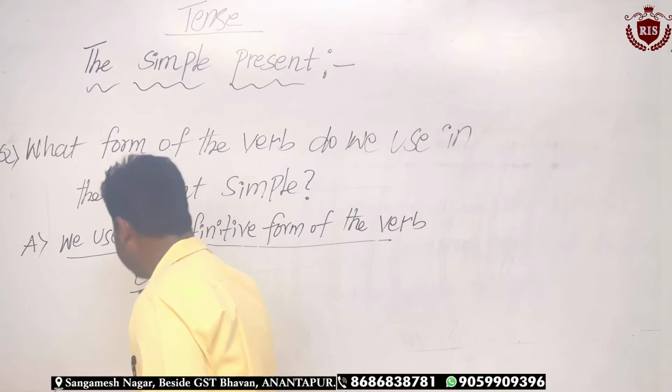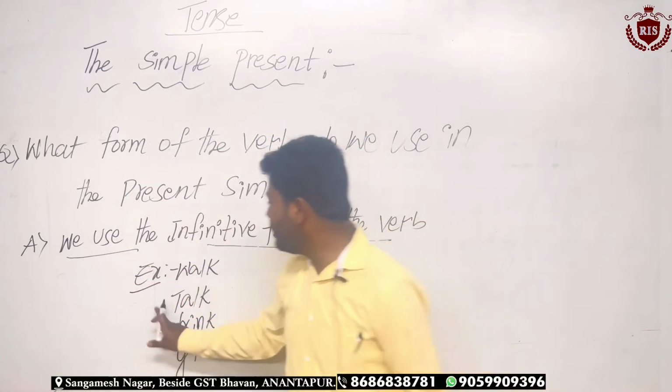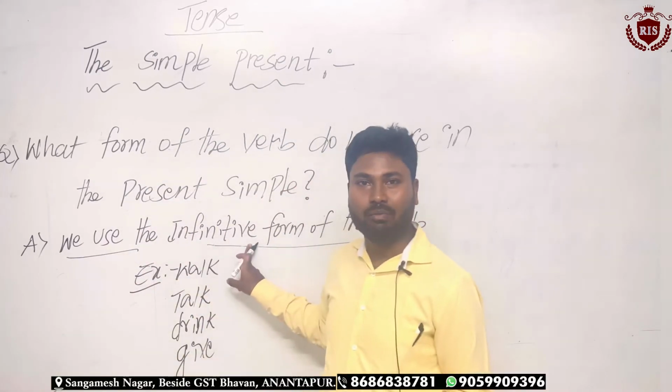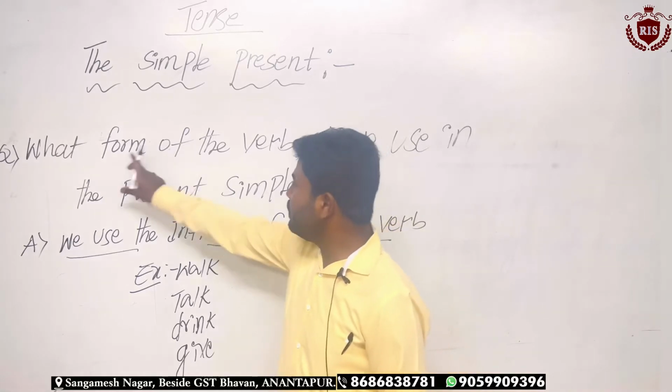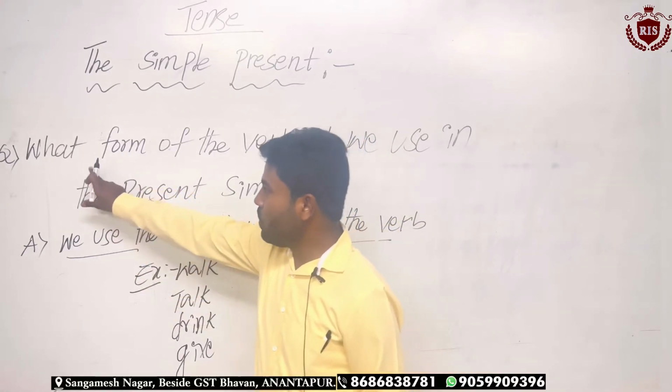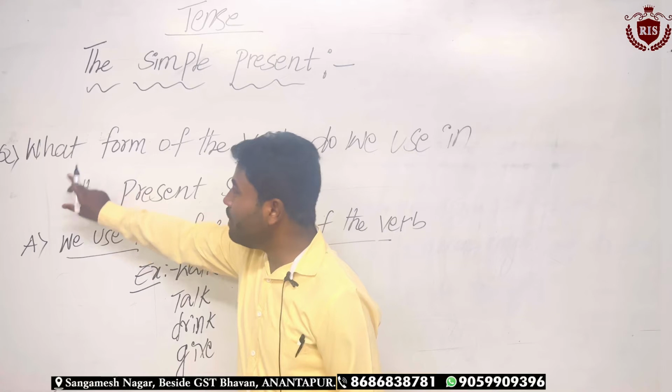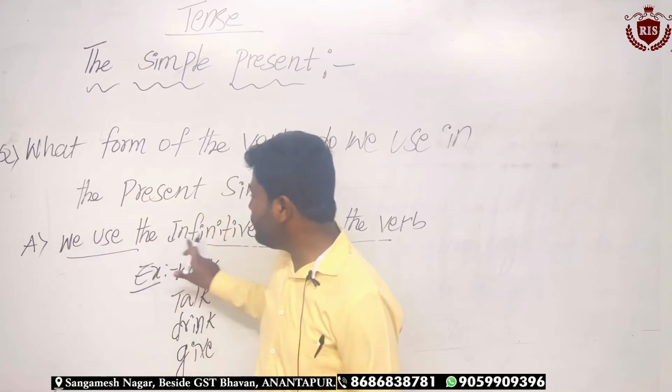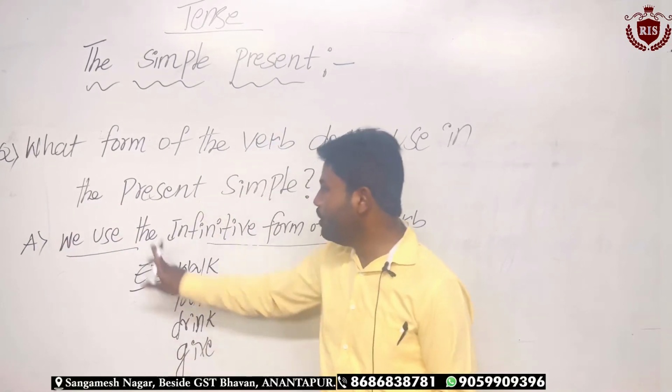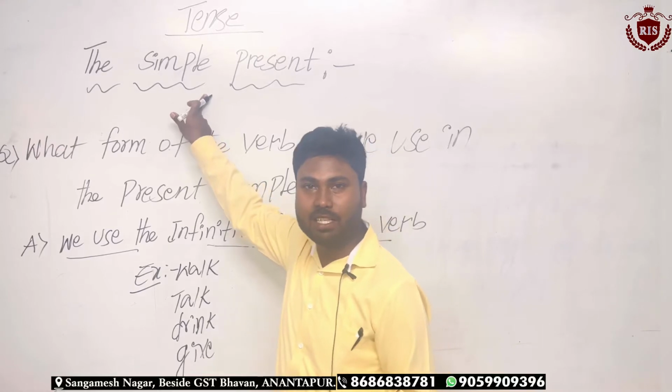These are the examples of the infinitive form of the verb. Has everyone understood? So what we have learned is that we have to use the infinitive form of the verb in the present simple, right?